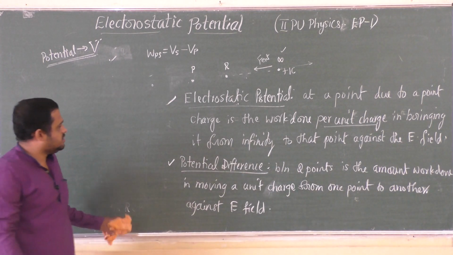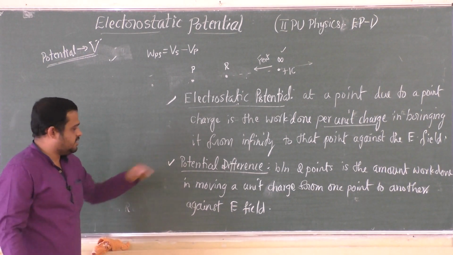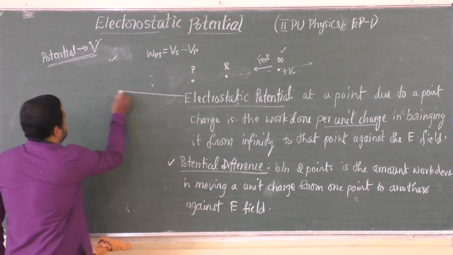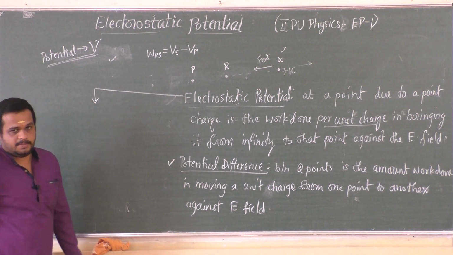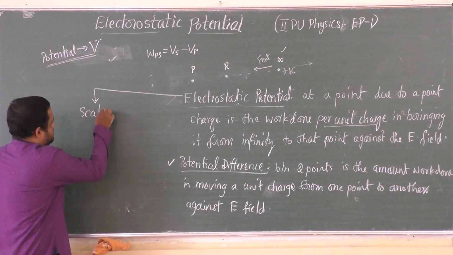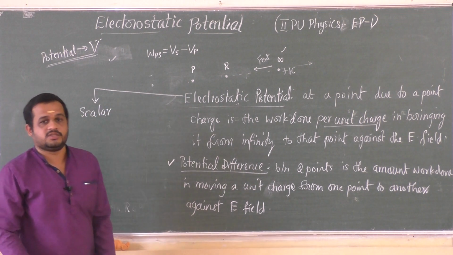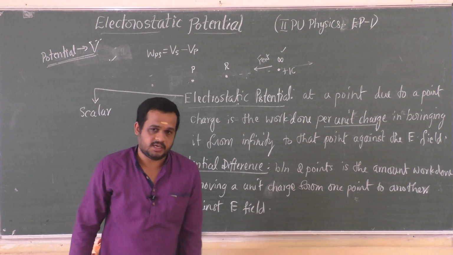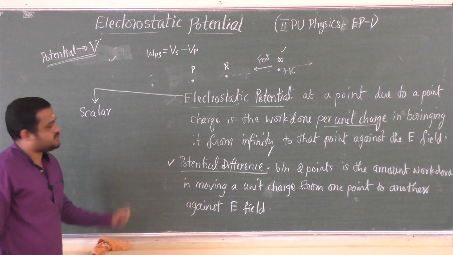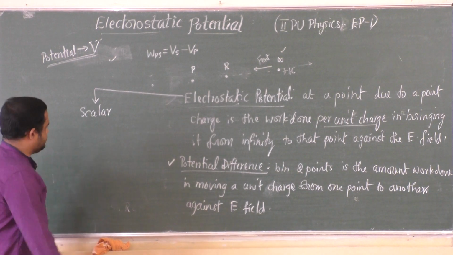Now we defined electrostatic potential and potential difference. Now if you consider this electrostatic potential or electric potential, it is a scalar quantity because it is work done. We know that work done is a scalar quantity. So electrostatic potential is also a scalar quantity, which means it has only magnitude.